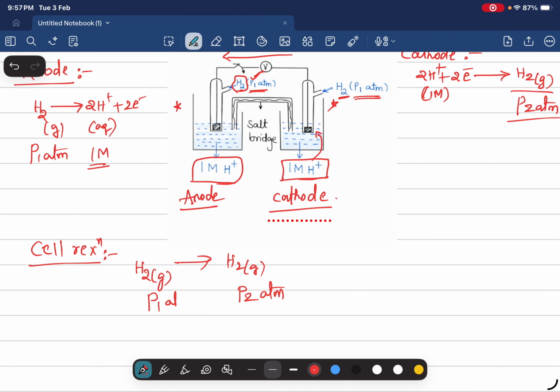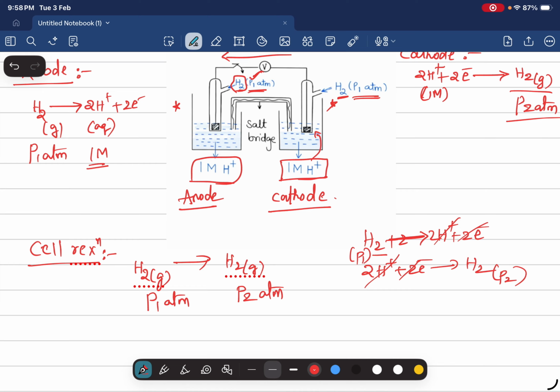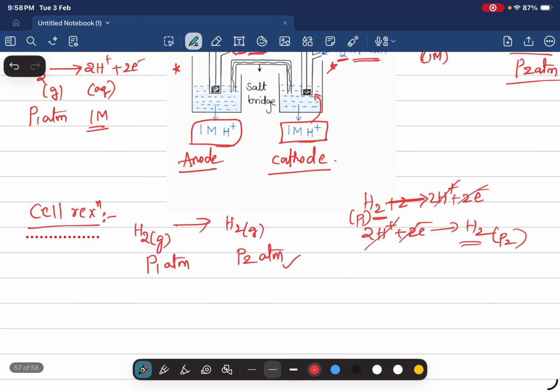You can add these two reactions to get the resultant equation. H2 gives rise to 2H+ plus 2 electrons, this is the anodic reaction. Now the cathodic reaction: 2H+ plus 2 electrons gives rise to H2. Here P1 atm, here P2 atm, and concentrations are the same. Then what you will get is H2 at P1 to H2 at P2. That's what I wrote here. So this is the overall reaction.